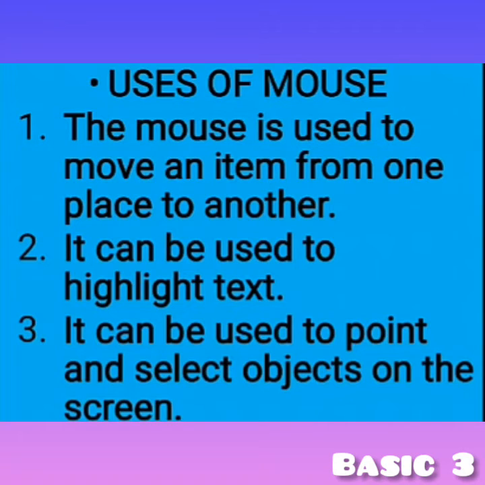Maybe you type a text, then in front of that text you click it. Then after that, you hold down the mouse and move your mouse down to highlight the text. After highlighting, you then release the mouse button.